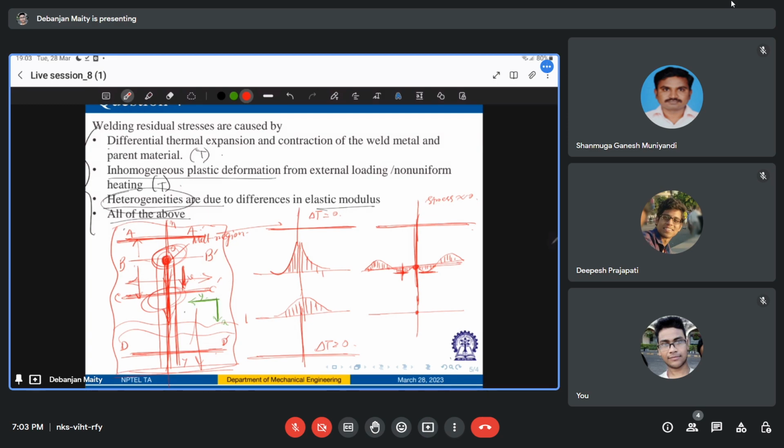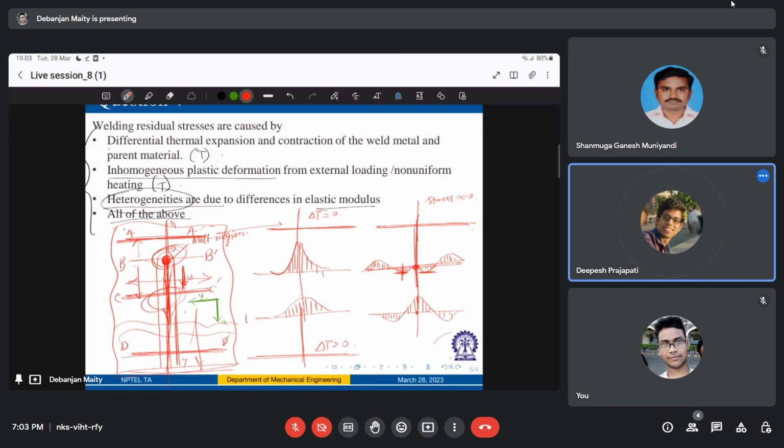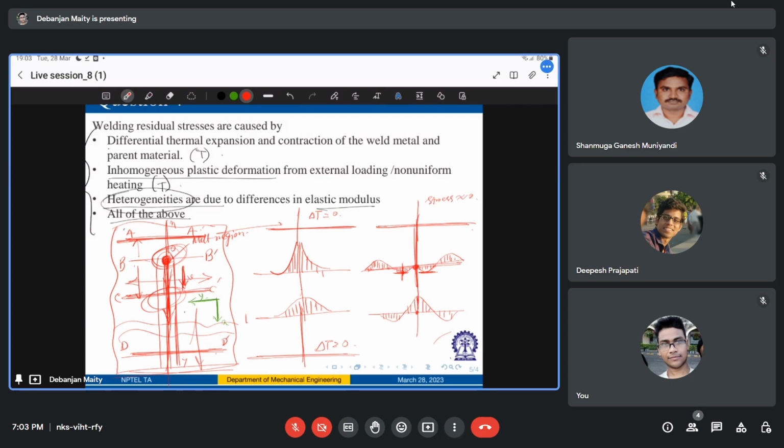At the center, if they are trying to shrink, they will generate tensile residual stress, and away from here, to compensate this tensile residual stress, you will have a compressive region over here. Understood? Yes, sir. Great.